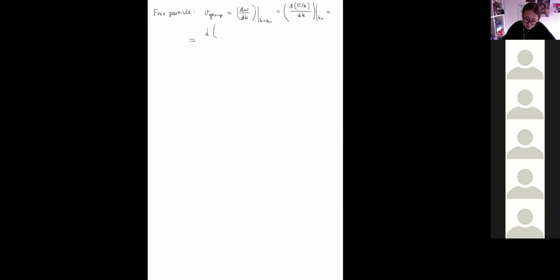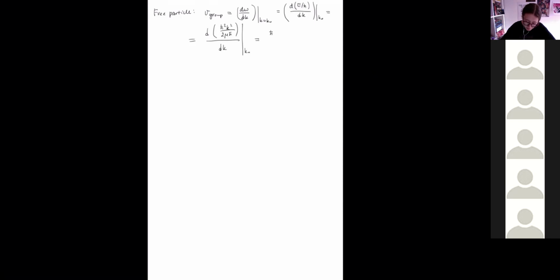The energy depends on k in the following way: it's h bar squared k squared over 2 mu, differentiated by dk at k0.